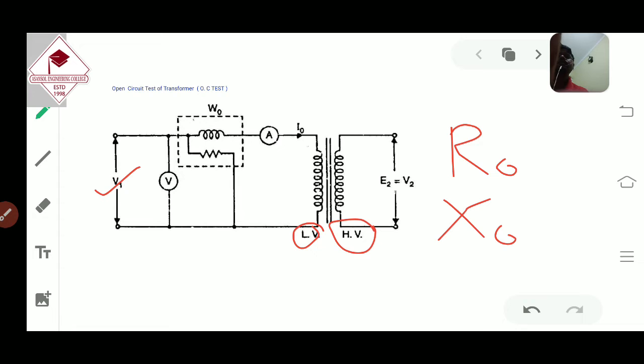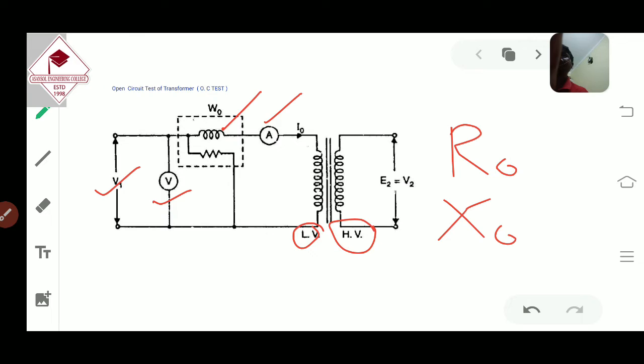The applied primary voltage V1 is measured by the voltmeter, the no load current I0 by the ammeter, and the no load input power W0 is measured by the wattmeter.